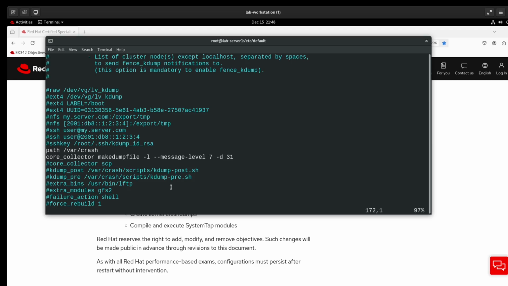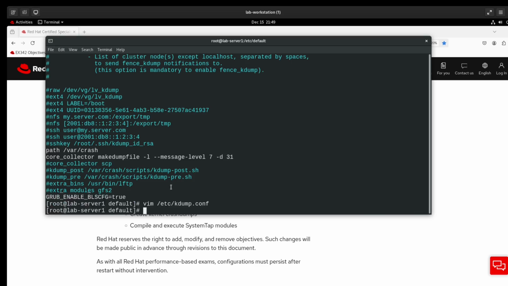We can then propagate that over to whatever system. And so at the time of the crash being gathered, it will scp that over to another system, which could be particularly useful if this crash has happened and there's no way to get back to the system to look at the data. Assuming networking hasn't failed with this, I haven't tried this in a situation without networking, you might be able to get that data to this other system for you to do your analysis.